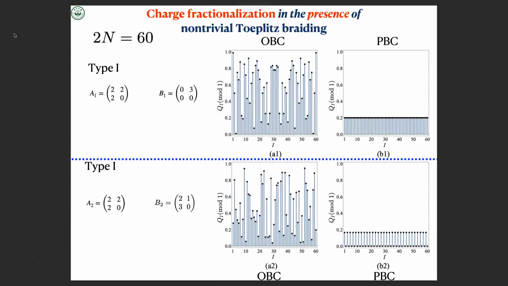And because we can add additional symmetry charge here, we can calculate the so-called charge fractionalization of the anyon in each layer. We found that when you have non-trivial Toeplitz braiding, the charge fractionalization distribution along the z direction is randomly oscillating when you consider open boundary condition.